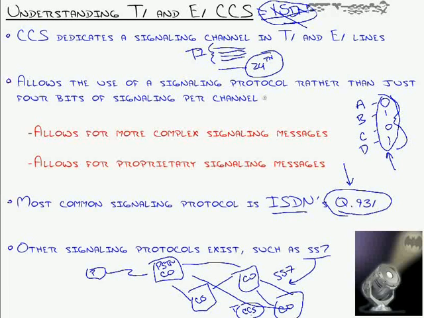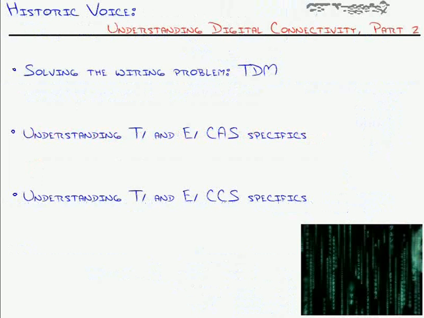You don't lose a voice channel because it's the same as it was in CAS. The 17th channel, or 17th time slot, is your signaling information. Now you can see why people that use E1 lines, it's far more common to use CCS, is because if you lose a channel either way, it's better to have a signaling protocol than using those 4 bits to convey your data. So there we have it.